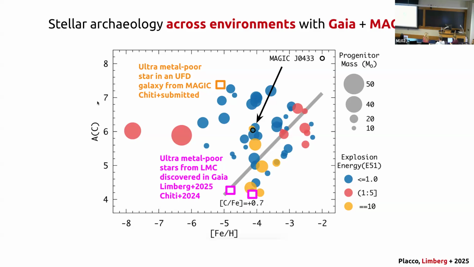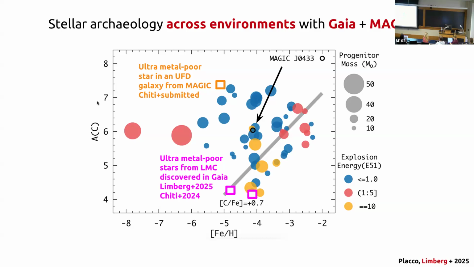So, for example, in the Milky Way we observe a lot of these very carbon-rich stars, which are these stars right here. But what might be happening is that these were not stars that were actually produced in the Milky Way itself. They were actually accreted from, for example, ultra-faint dwarf galaxies.